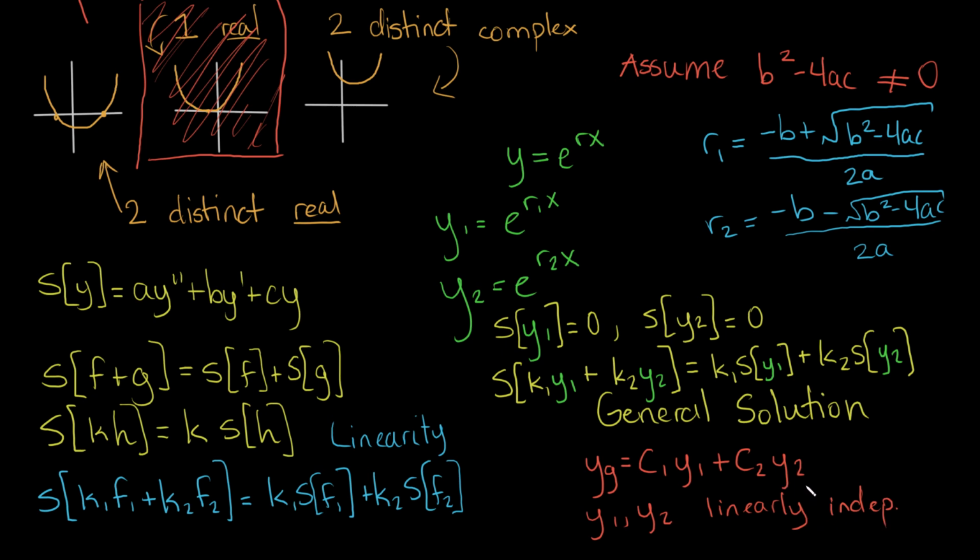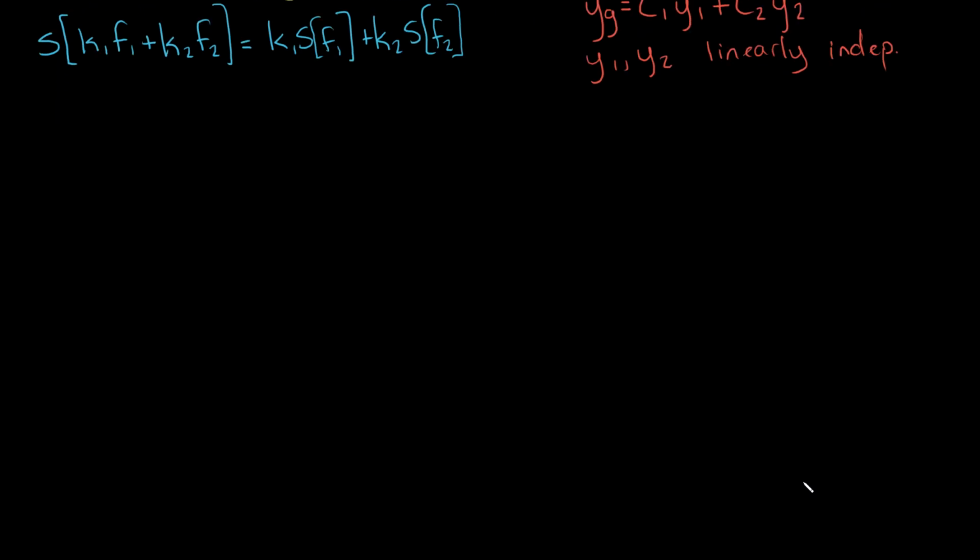So let's just take a peek at what this might look like applied to an actual differential equation. We'll just remember that our general solution is c1 times that first solution, e to the r1x, plus another constant times our second solution, e to the r2x.